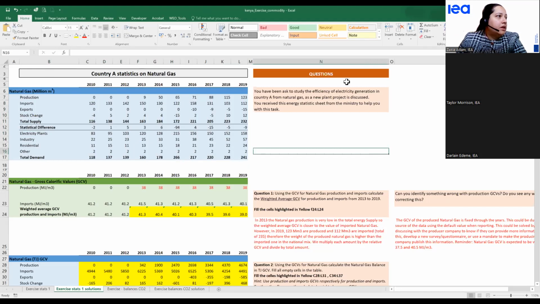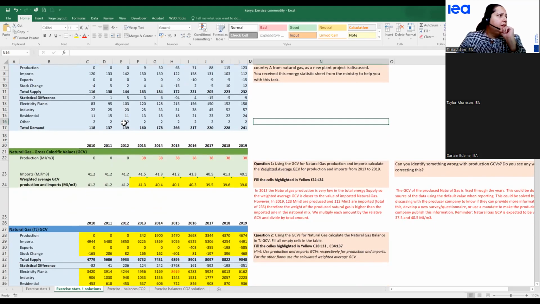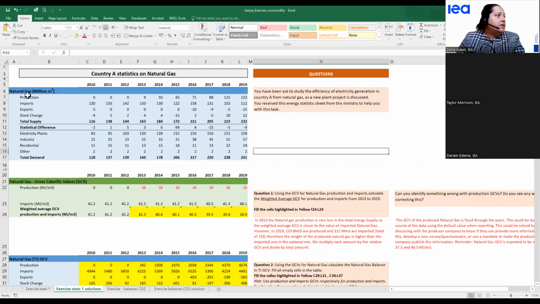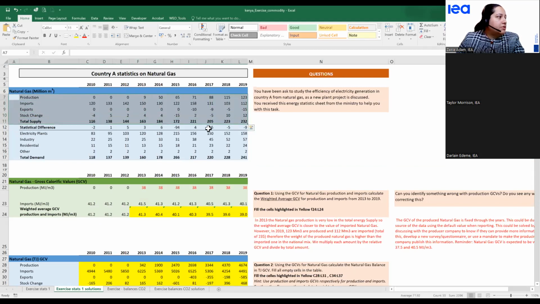And here we are asked to study the efficiency of electricity generation in country A from natural gas as a new plant project is being discussed. So from the Ministry of Energy, you receive this statistics sheet for natural gas. In the table, you can see production, imports, exports, stock change, and total energy supply for natural gas.